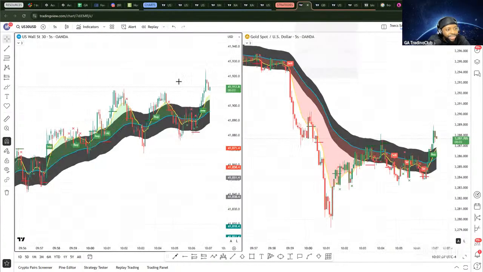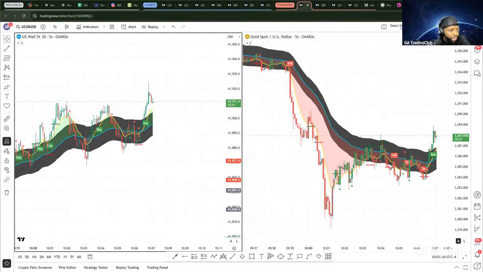So 923. So the sell is at the top there.